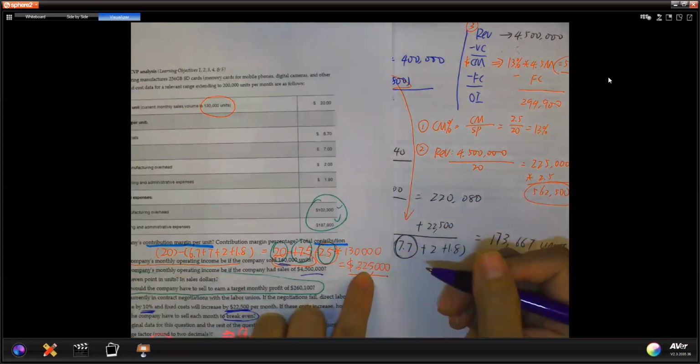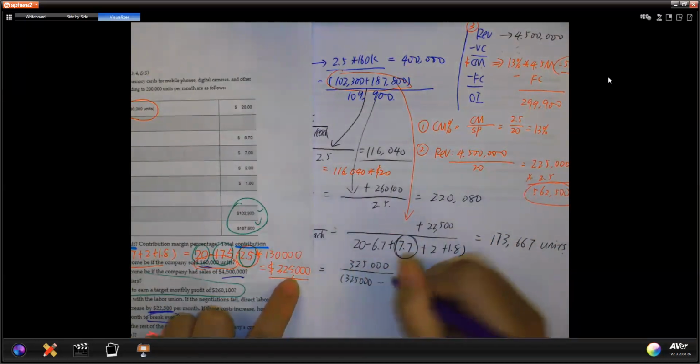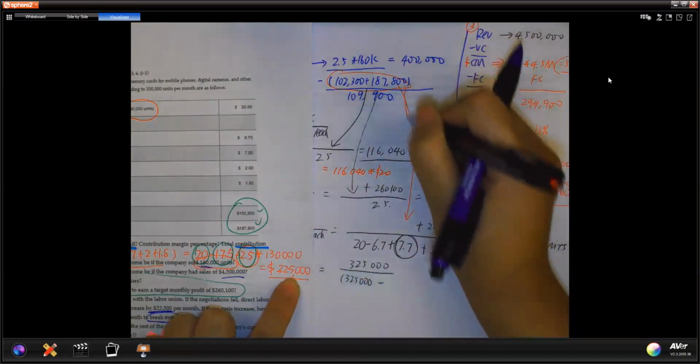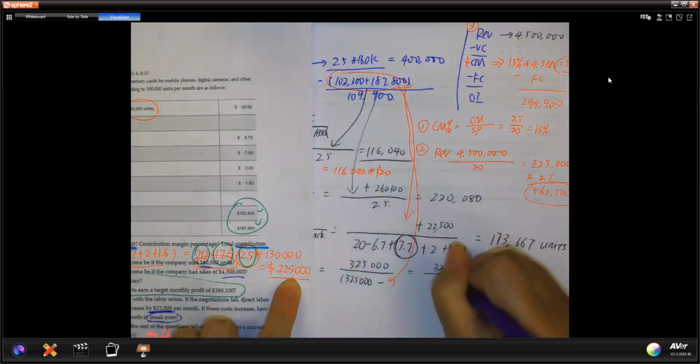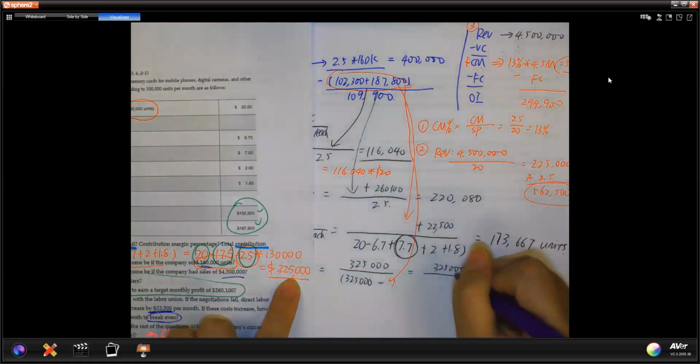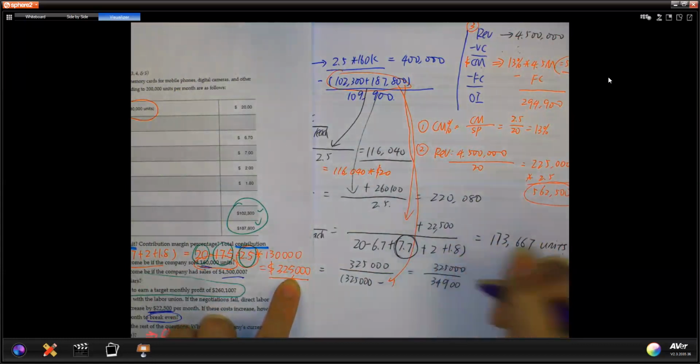Our total operating income is 325,000 minus the fixed cost, right? So we got 325,000 divided by 34,900.